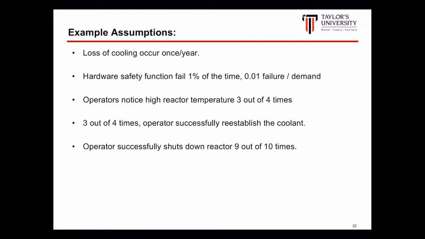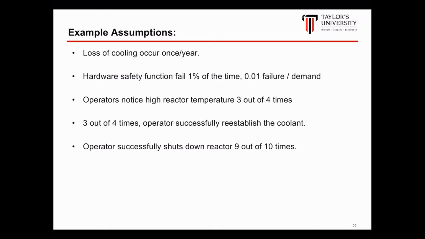Loss of cooling occurs once a year, and the hardware safety functions fail 1% of the time, meaning 0.01 failure per demand. When it fails, let's say our operators are observant enough that they can notice high reactor temperatures 3 out of 4 times, meaning 75% of the time.